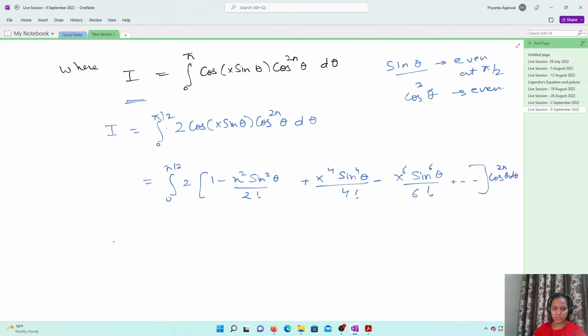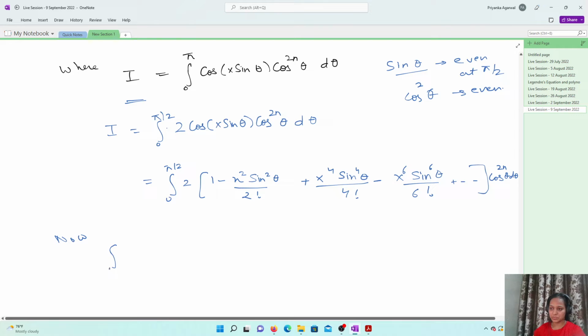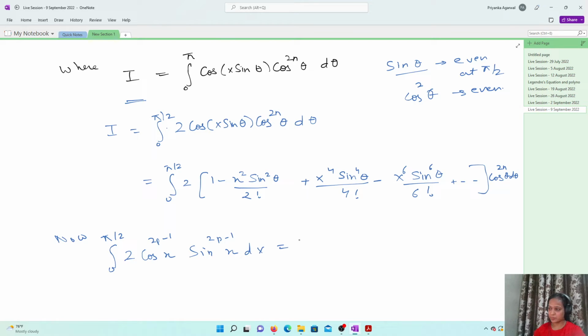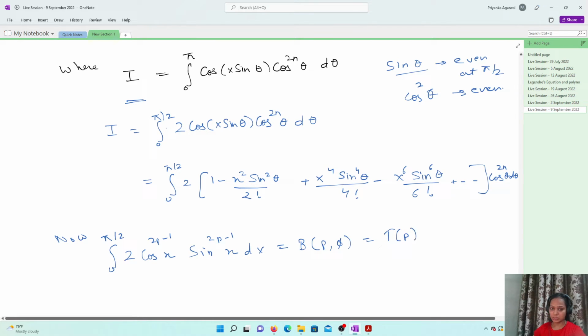Now, if we look at this, we know that for 0 to pi by 2, integral of cos^(2p-1)x sin^(2q-1)x dx equals beta function of p and q, and this can be written as gamma of p into gamma of q over gamma of p plus q.